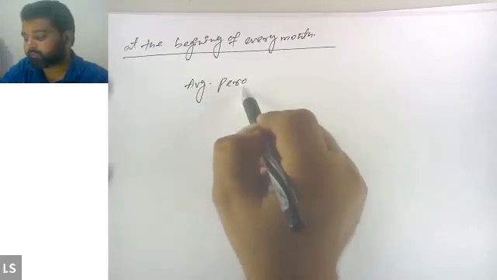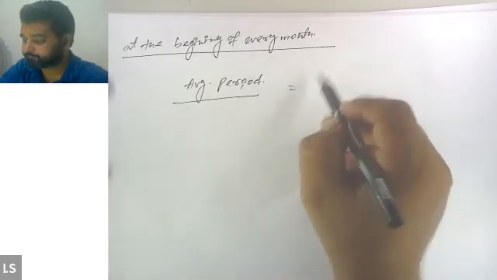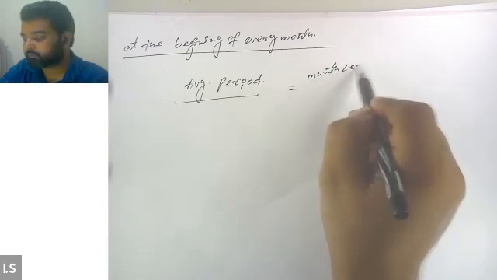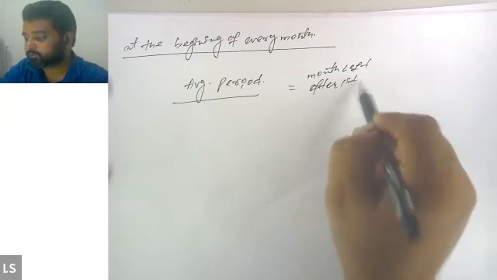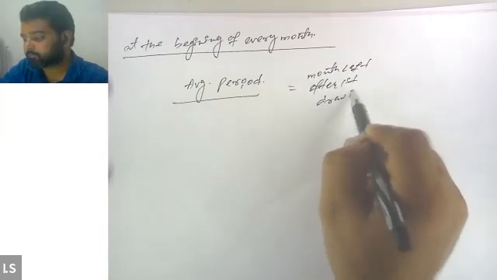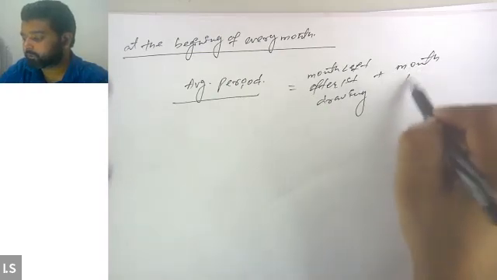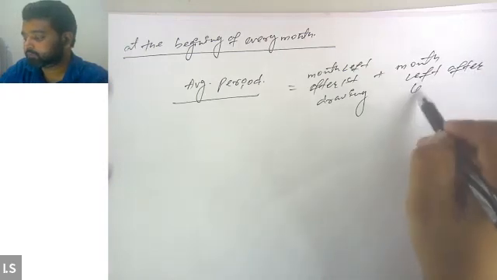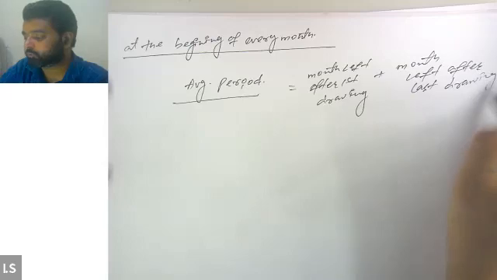Average period equals months left after first drawing plus months left after last drawing. We will divide it by 2.